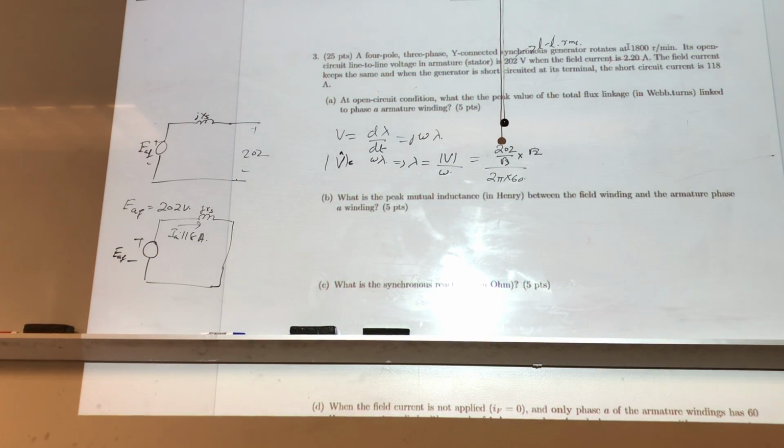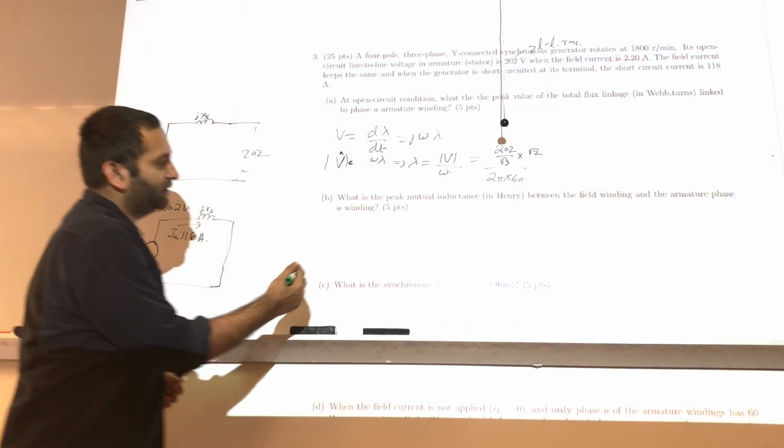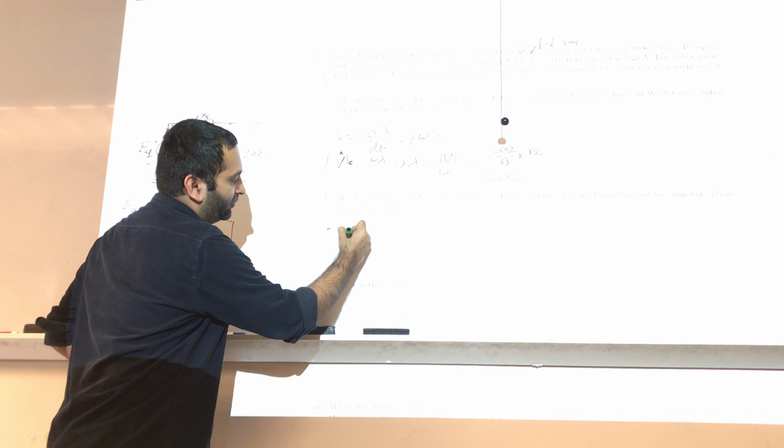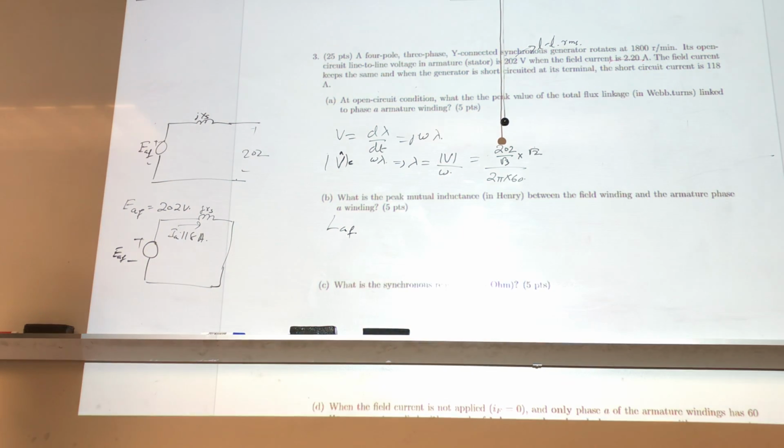The next question is, what is the peak mutual inductance between the field winding and the armature phase winding A? It's asking you to find LAF. Mutual.